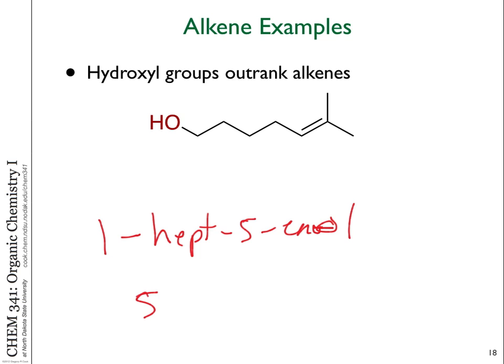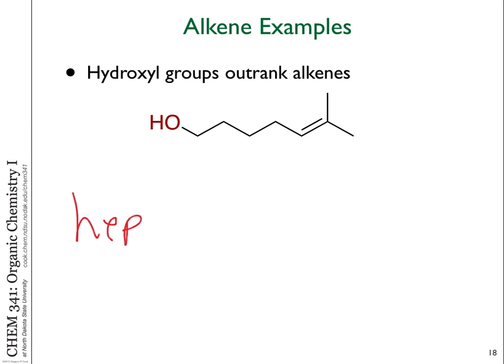You could say 5-hept-ene. Actually, there's no e there. 1-ol. You could actually put that number with the ol. Or probably the clearest way to do something as complicated as this, I would probably say hept-5-ene-1-ol.